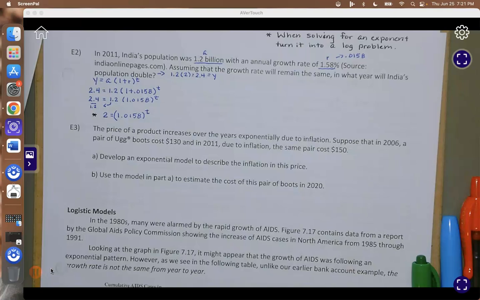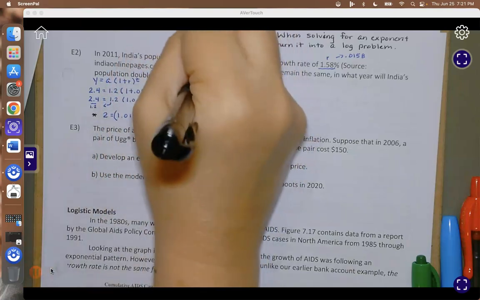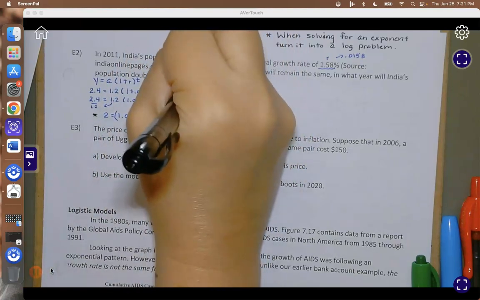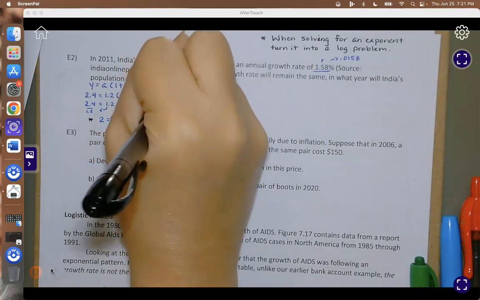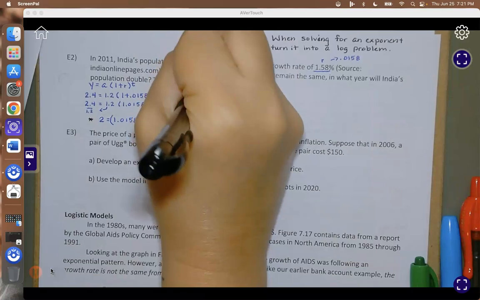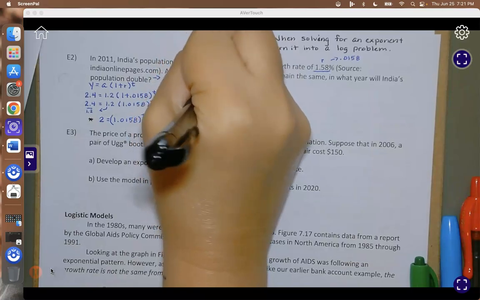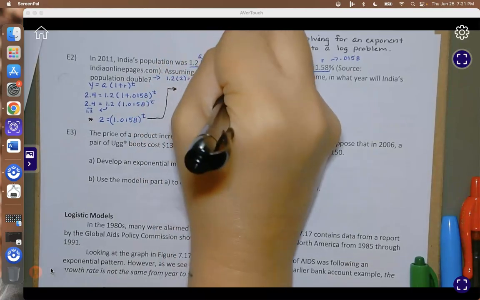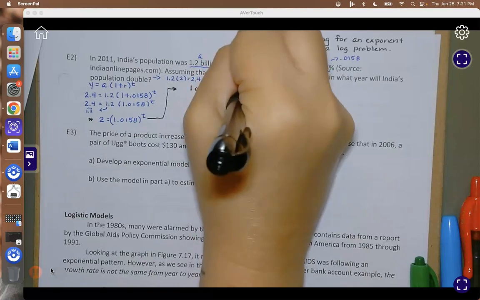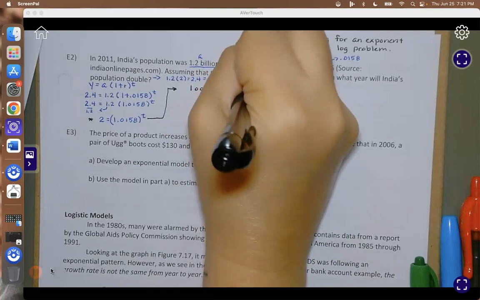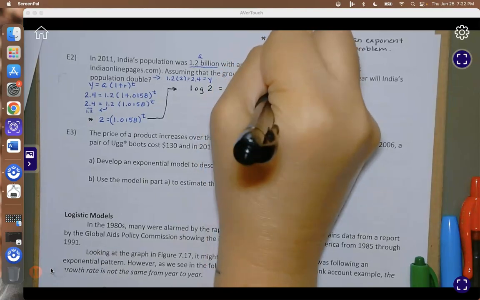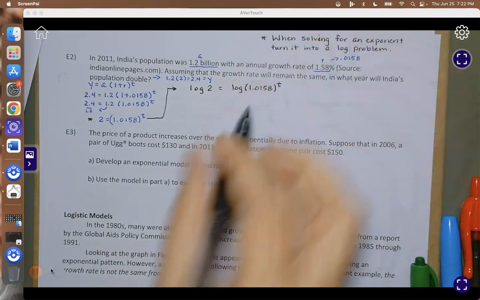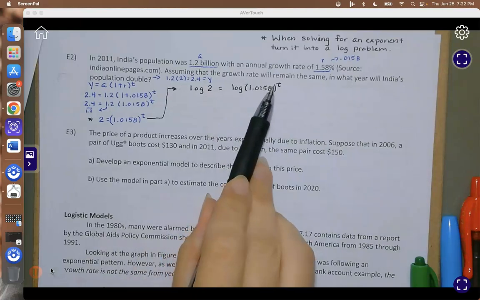So what we're going to do is put logs on each side. And then we remember our power rule for logs.